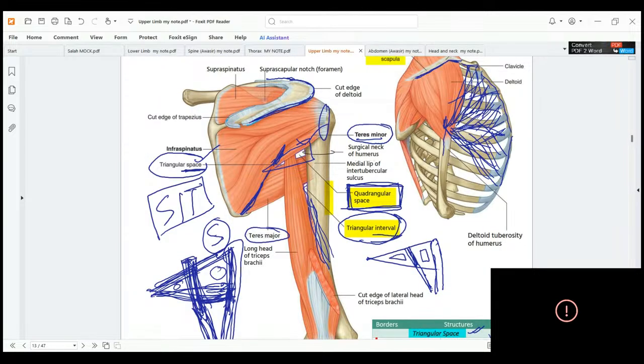Triangular space has the circumflex scapular artery, quadrangular space has the posterior circumflex humeral artery and axillary nerve, and triangular interval has profunda brachii and radial nerve.